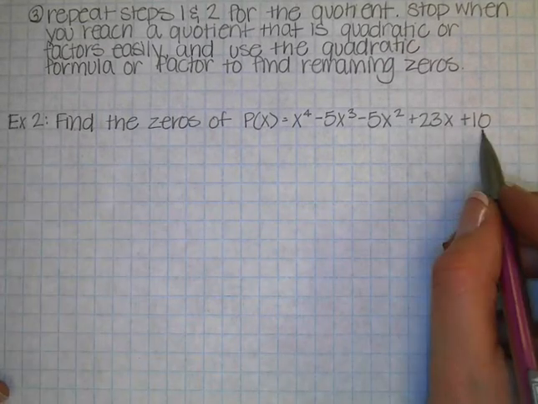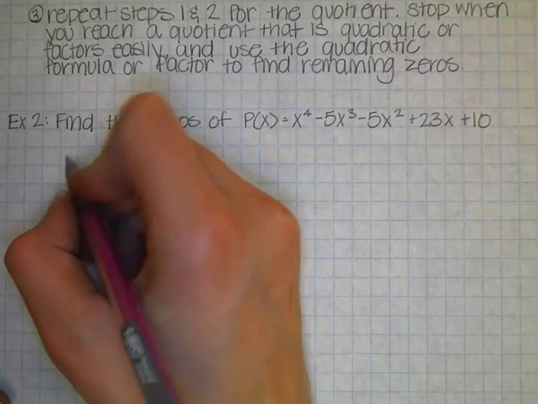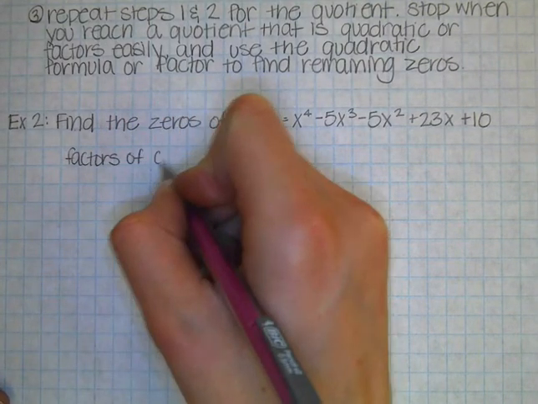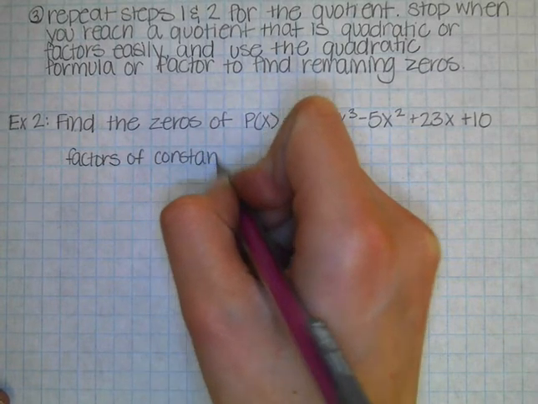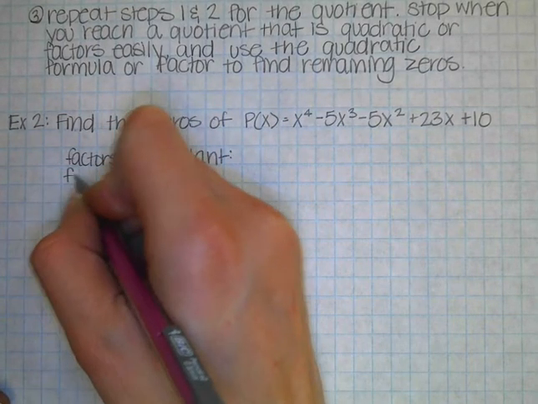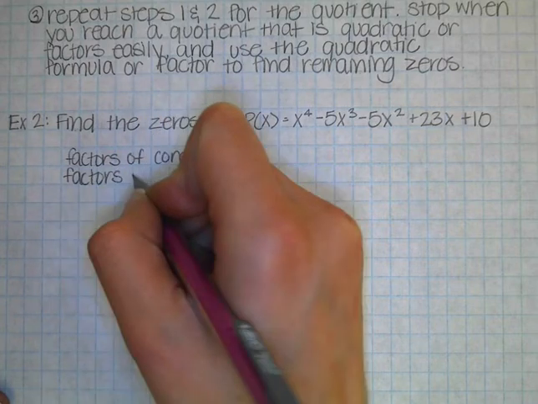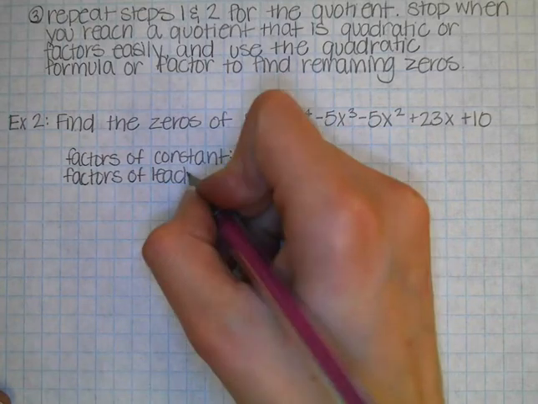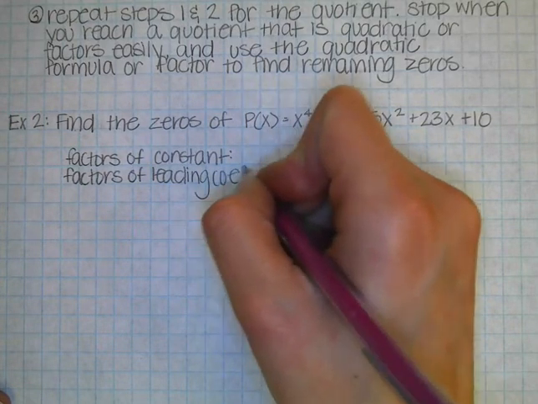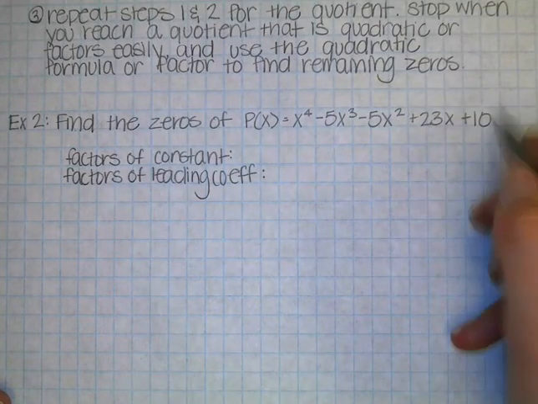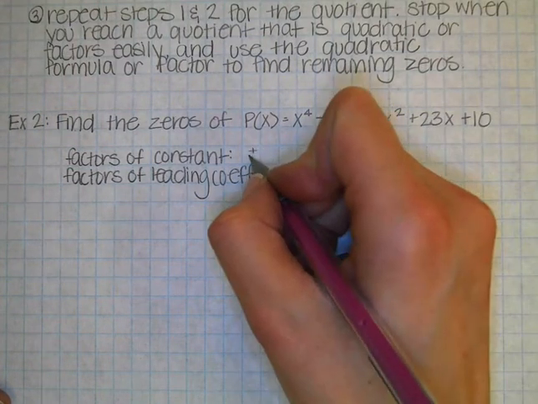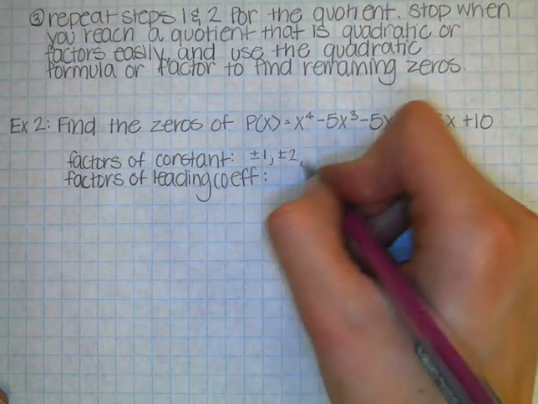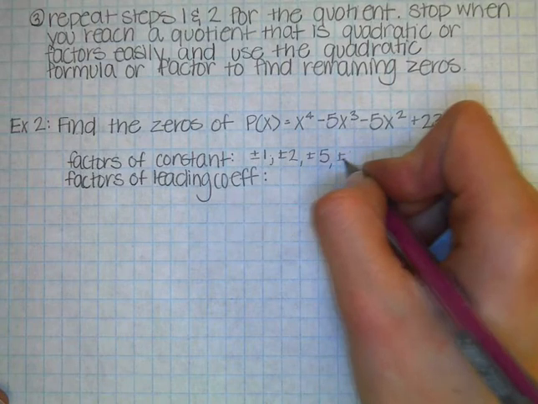To do that again, we'll list the factors of the constant and the factors of the leading coefficient. Factors of the constant 10 are plus or minus 1, plus or minus 2, plus or minus 5, plus or minus 10.